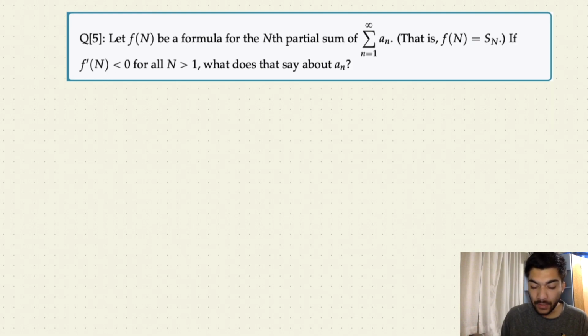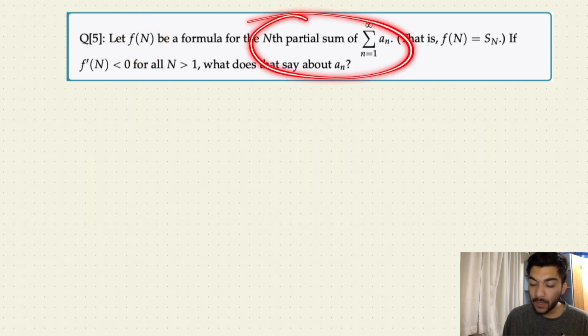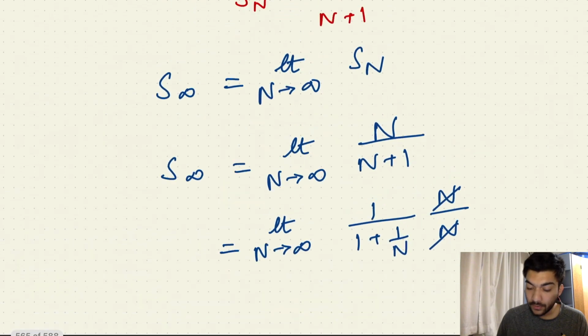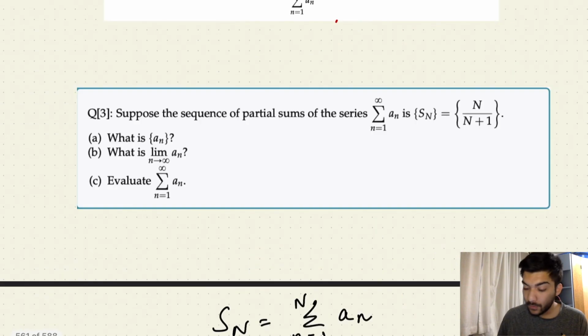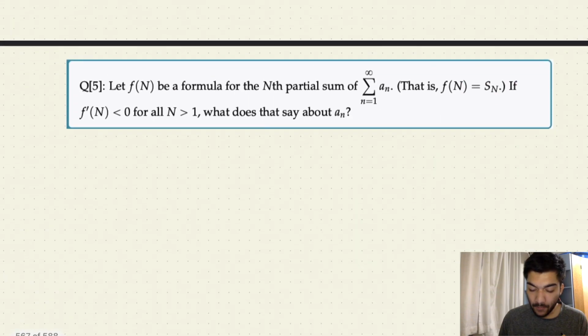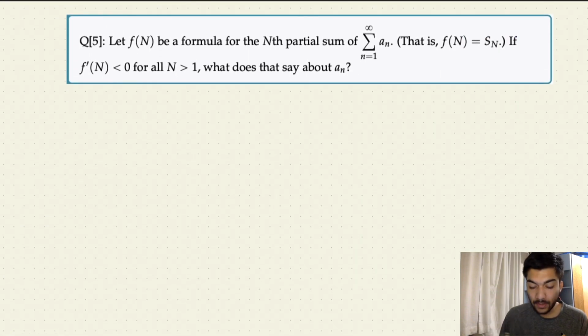So we have been given a function f of capital N, and let this function be a formula for the nth partial sum of this series. Similarly to the previous video, where we had a formula for our s of n, in this question we are given that f of capital N is a formula for the nth partial sum of your series.